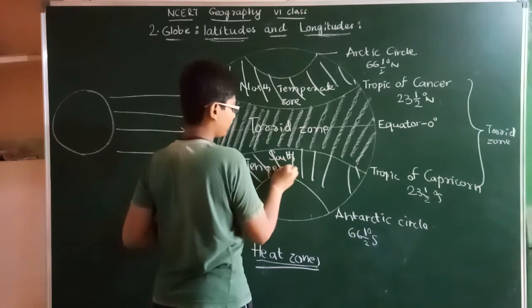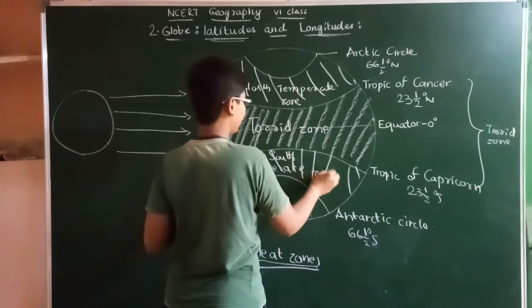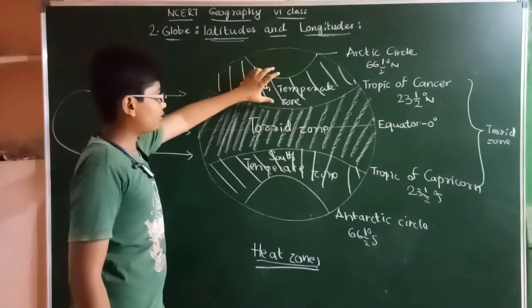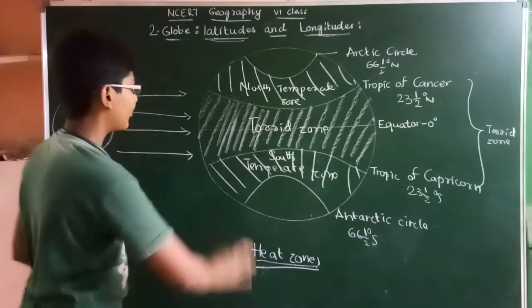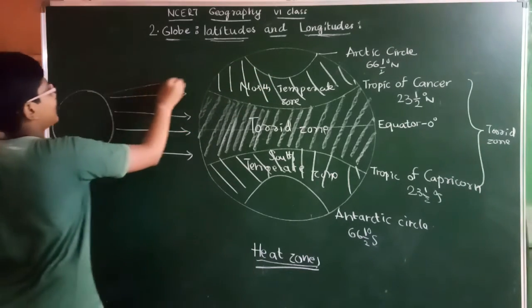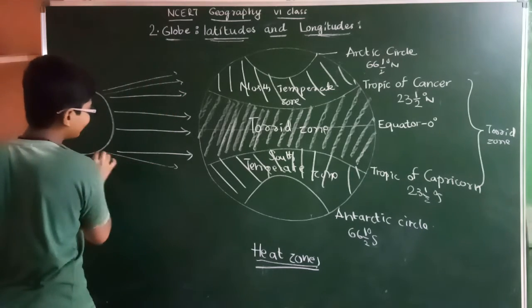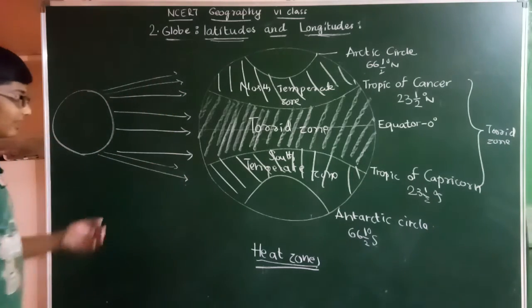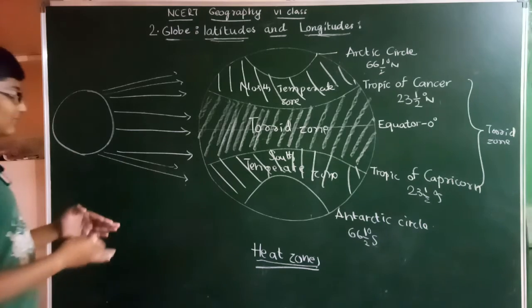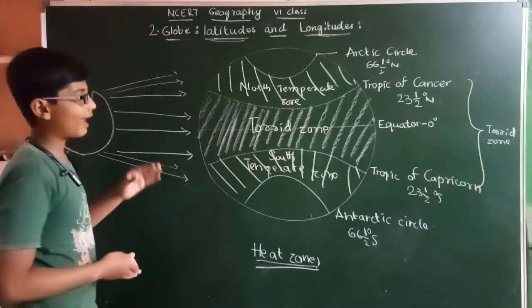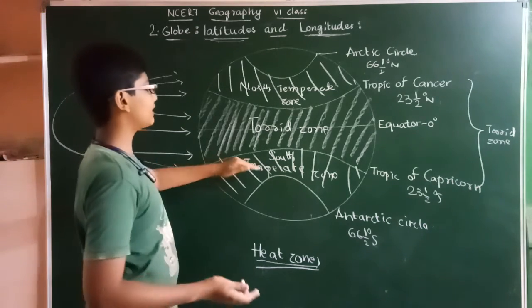Combined, the temperate zone gets only some slanting rays of sunlight, not fully slanting.